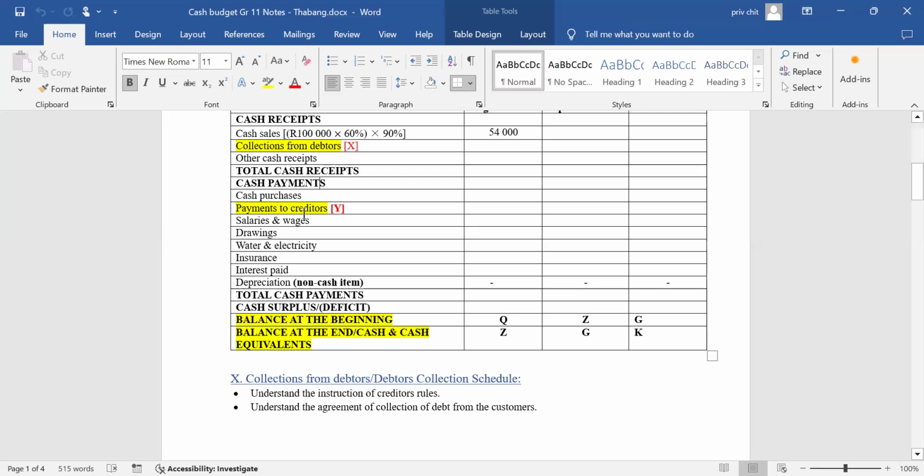We can buy the inventory or stock on a cash basis, and that's what we call cash purchases of trading stock. And then sometimes we may purchase inventory on credit. If we do so, at some point in the future we are expected to pay for those goods we acquired on credit. That's where payments to creditors comes from, right?